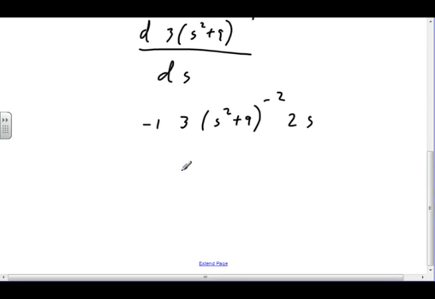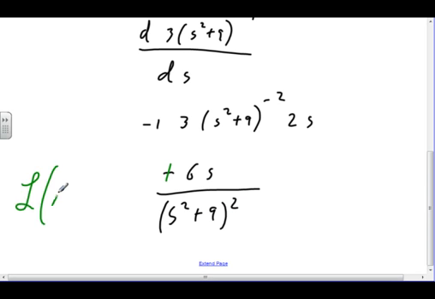So I'm going to have minus 6s over s squared plus 9 squared. And then I'm going to remember that that minus sign has to go away, and it is a positive sign. So this would be the Laplace transform of t sine 3t. Okay, good enough?